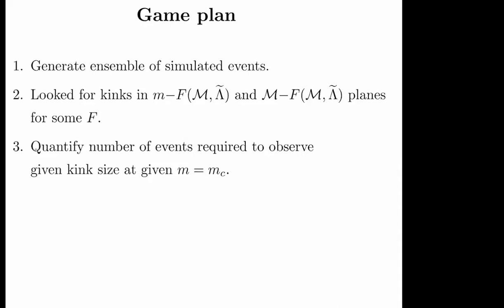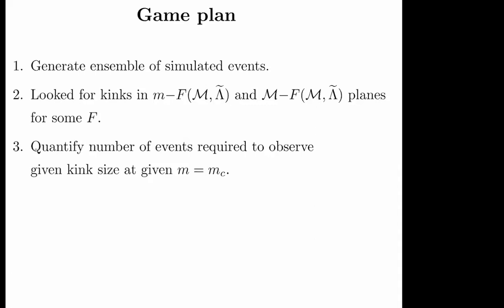And then we're going to look for kinks in the M1, F of M, and lambda tilde plane, where F is some function that I'll specify in a minute. So we're going to look for kinks that are distributed in the M-F plane and the chirp mass-F planes for some choice of F. And we're going to quantify the number of events that will be required to observe a given kink size at a given critical mass.